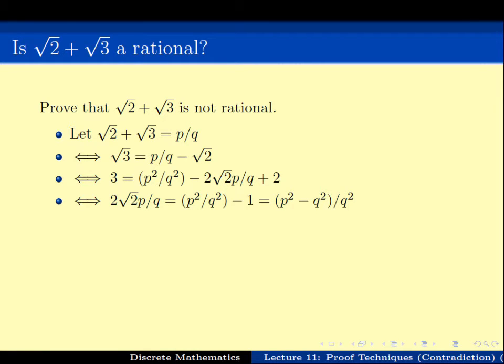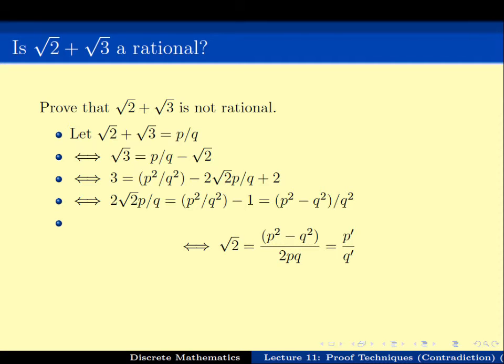Which means if I just move these things around, we get twice square root 2 p by q equals p square minus q square by q square. And therefore square root 2 equals p square minus q square by 2pq.